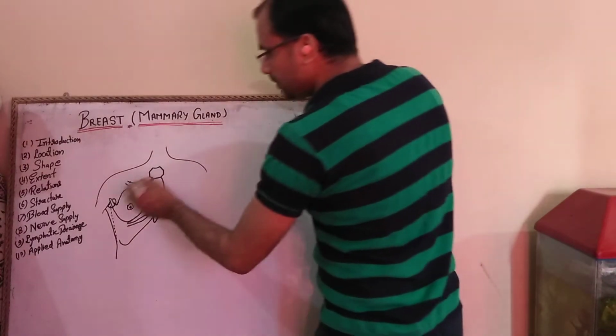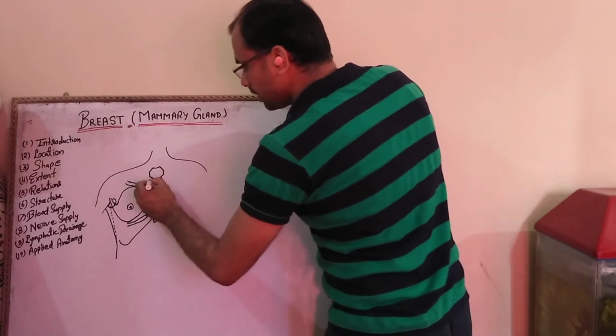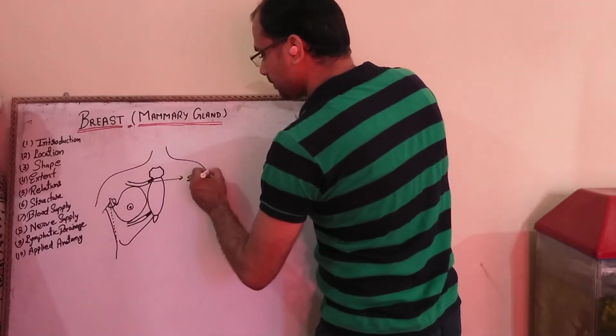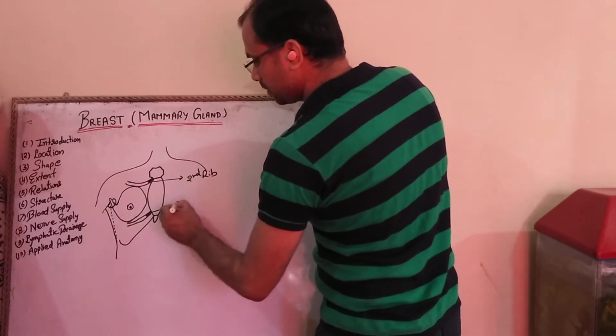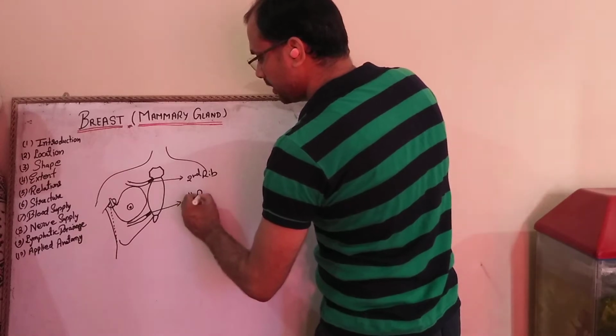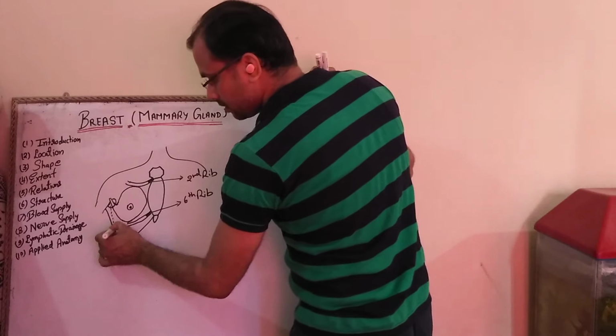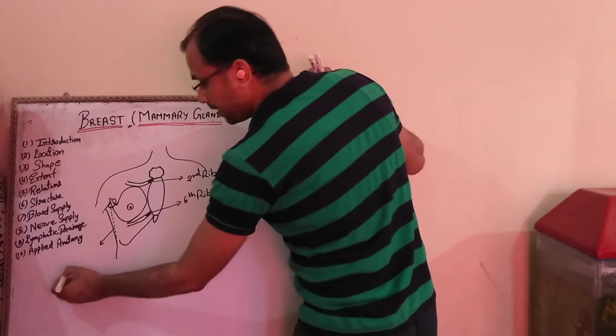So in this diagram you can see this is the second rib, this is the sixth rib, this is the mid axillary line.